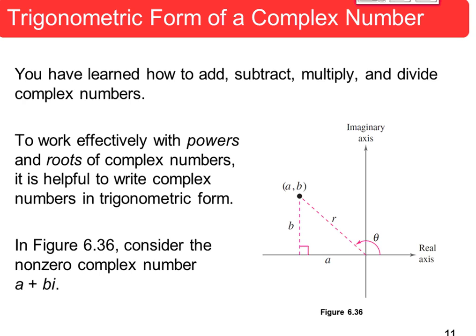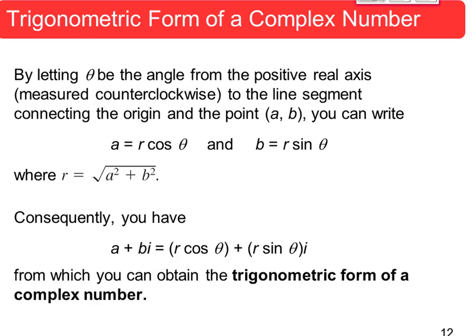We were calling them x and y before, but now we can call them a and b because they're in the complex plane, and we're using that a plus bi format. Because that xy version from before was equal to r cosine theta and r sine theta, the same thing holds now with this a and b.